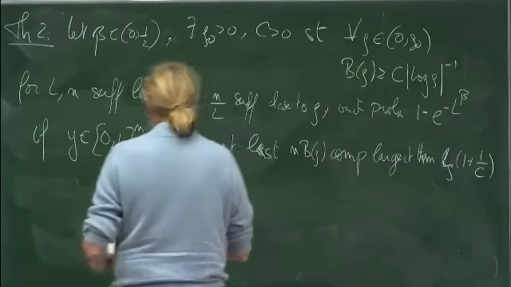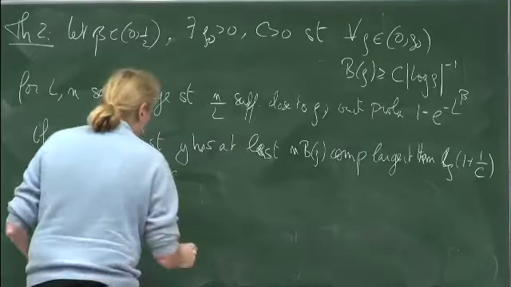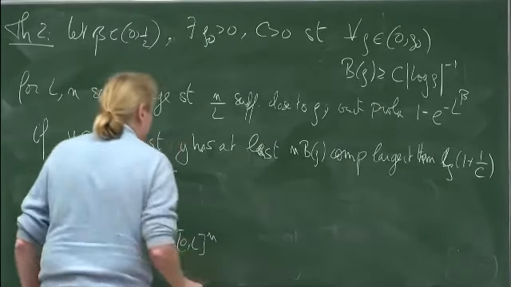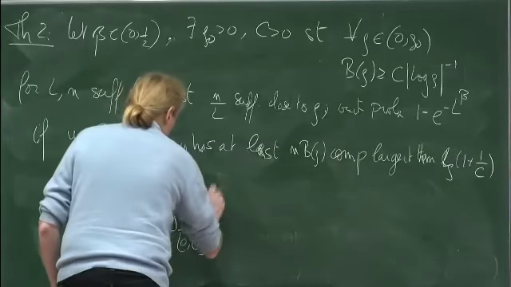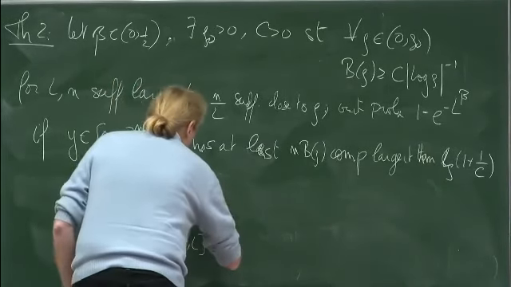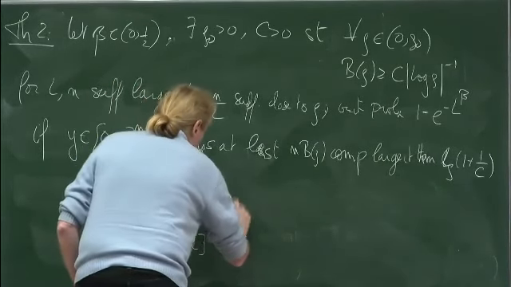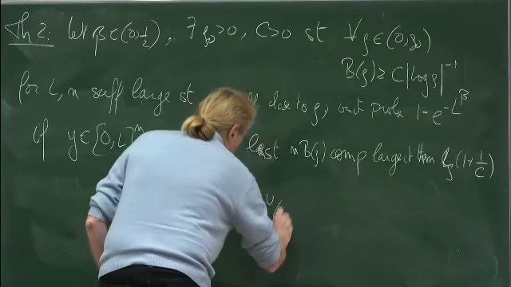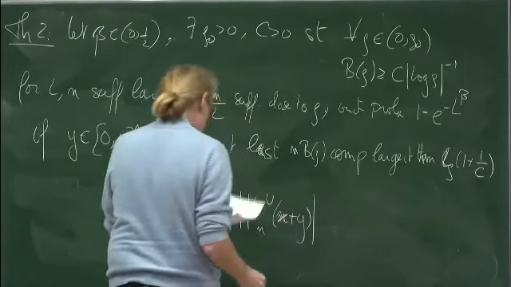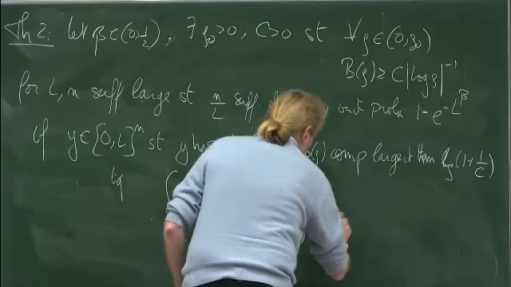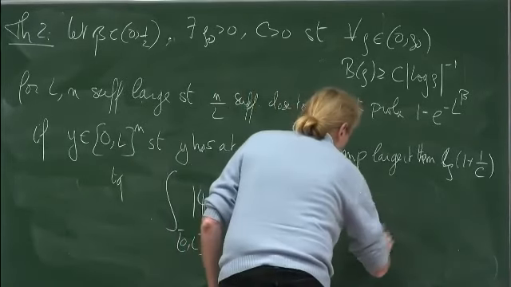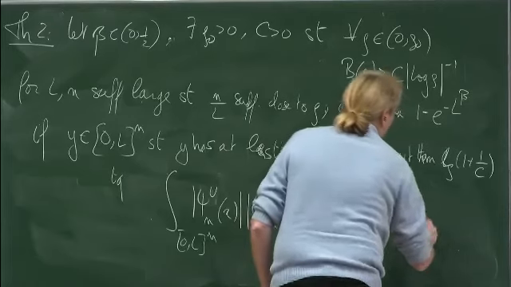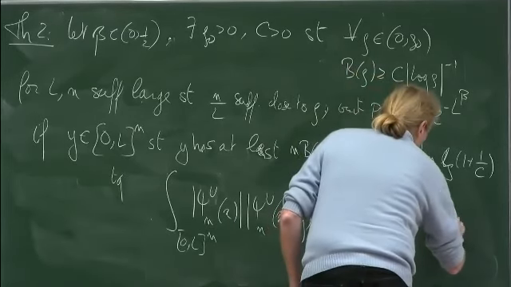Right? Then, if you look at the correlation function, the integral of psi u n (x), psi u n (x plus y) dx, this is less than C e to the minus N B rho log rho.